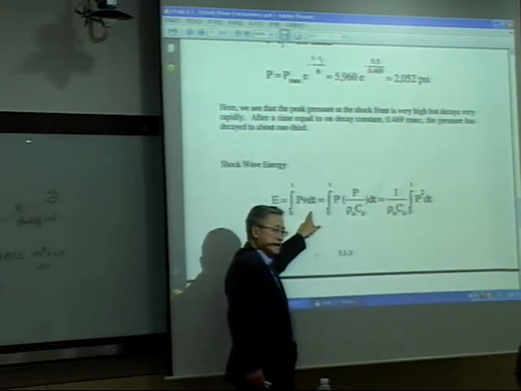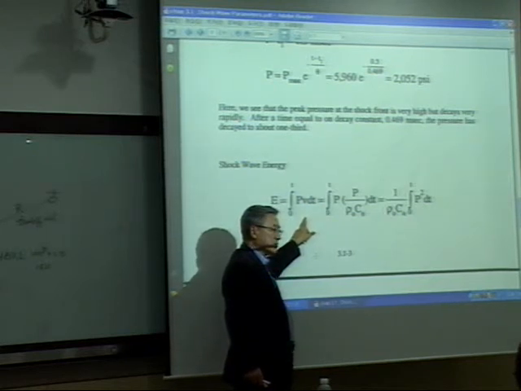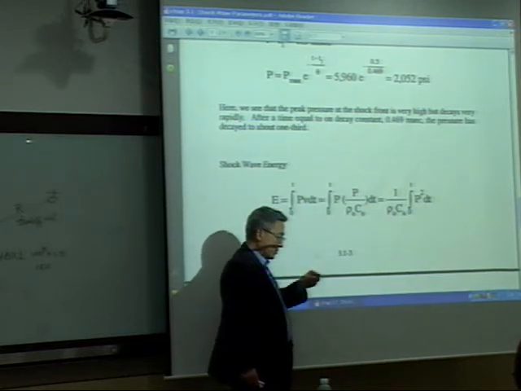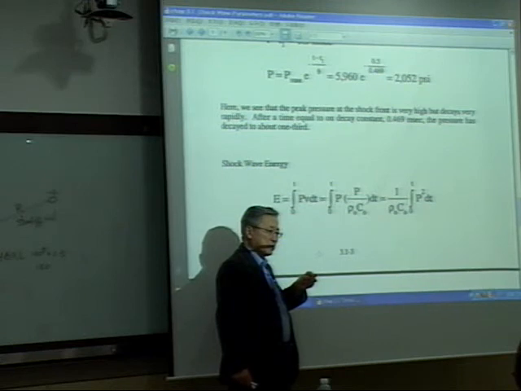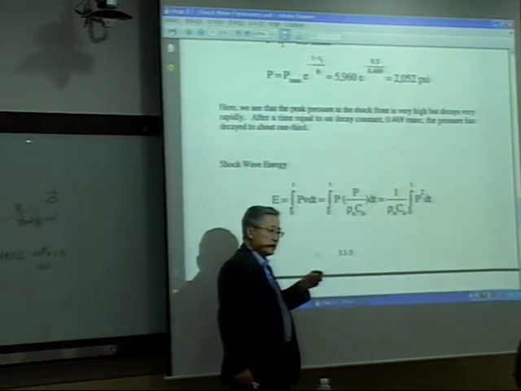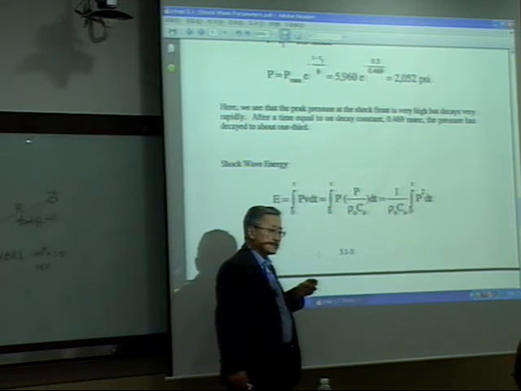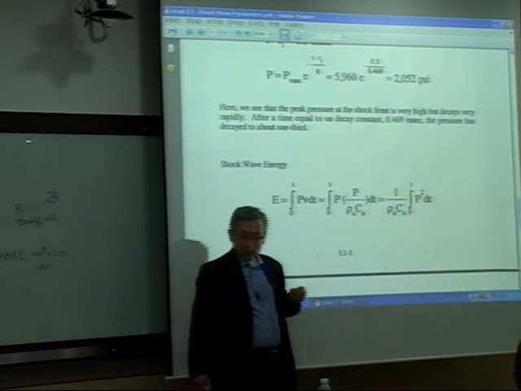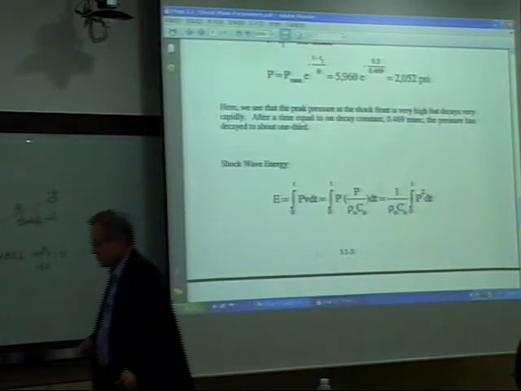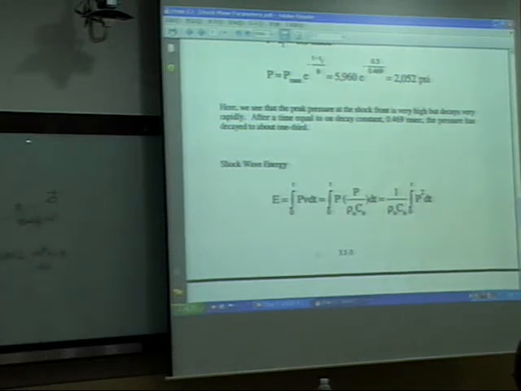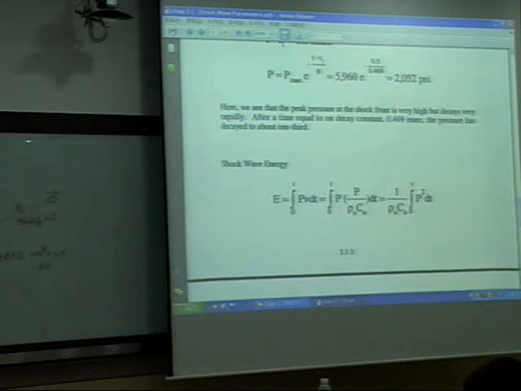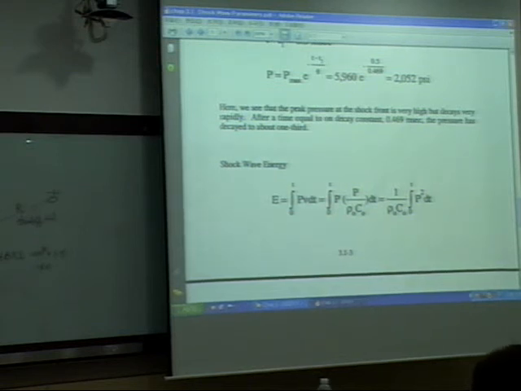Work done over the unit area, but unit thickness is already implicated. So work done is energy, right? So it's energy per unit volume. So you can compute that for the plane wave.